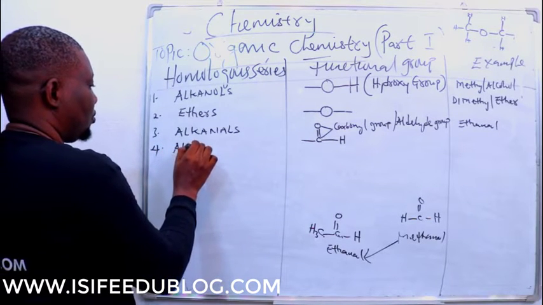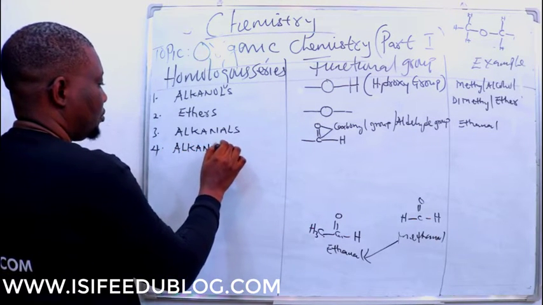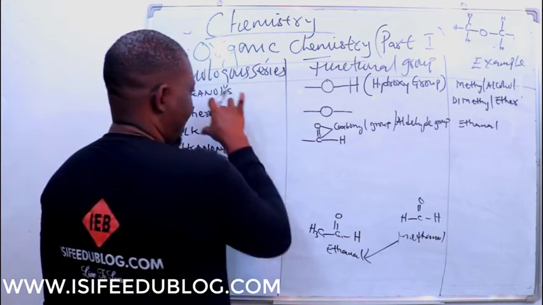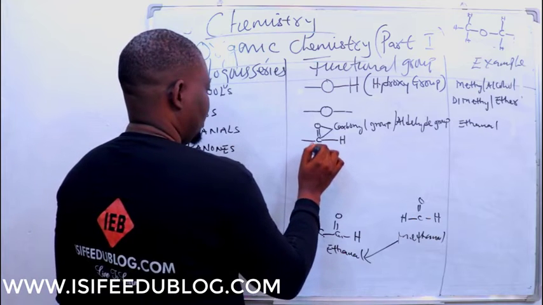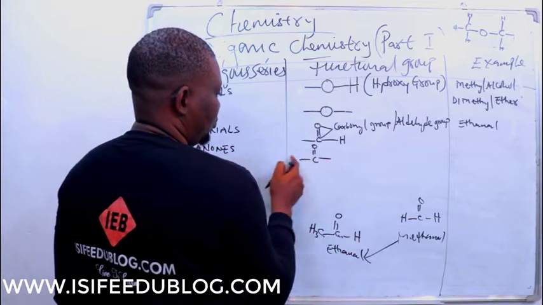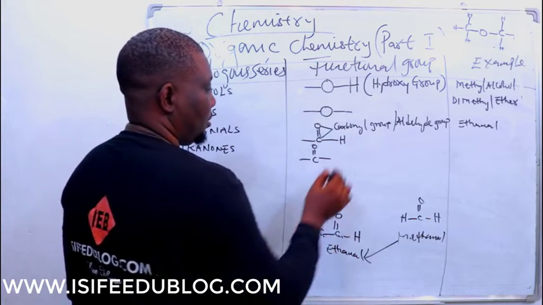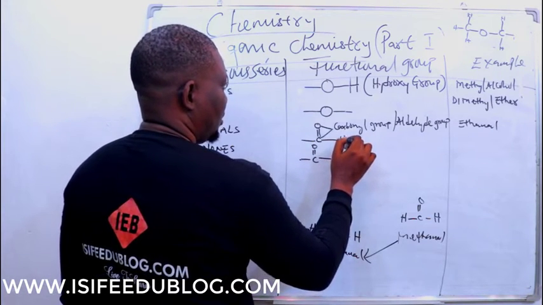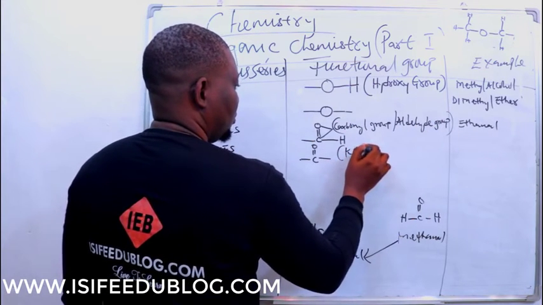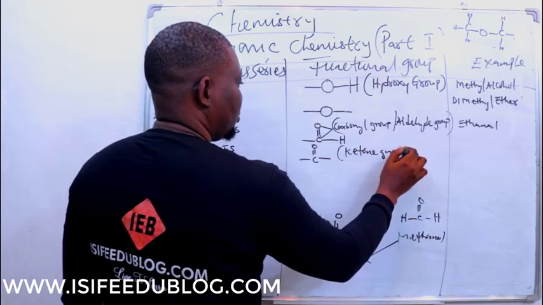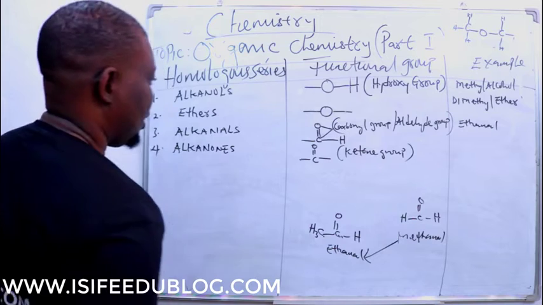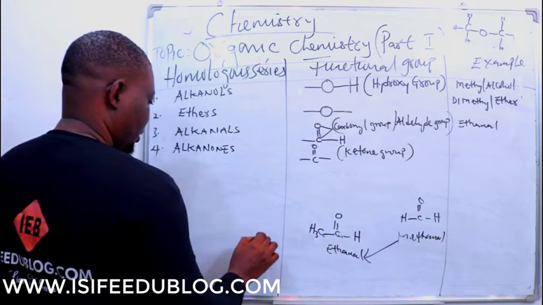Alkanones. A ketone group as well. But this time, just like alkanals, alkanones are also carbonyl, but this carbonyl has 2 open chains. So just carbonyl, or you can call it the ketone group. Now that is over 2 open chains.